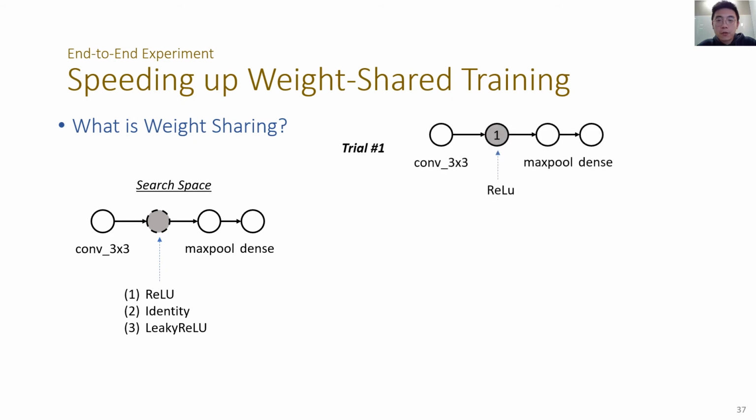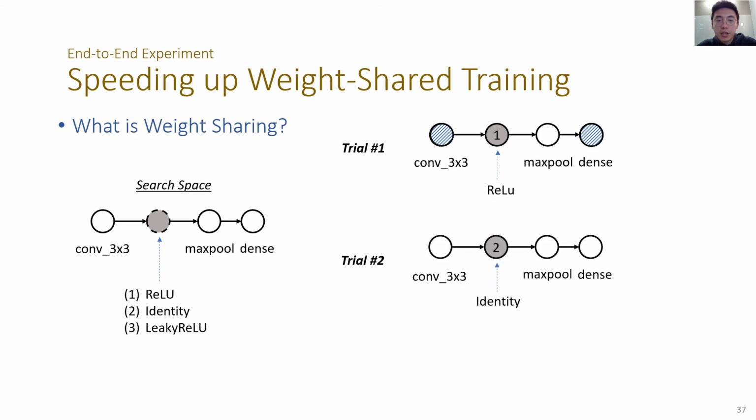In the first trial, ReLU is chosen to instantiate the model. The model is trained for a few mini-batches so that the weights of convolution and dense layer are updated. Then, the second trial is instantiated by choosing identity at the second layer. But the other 3 layers remain the same.